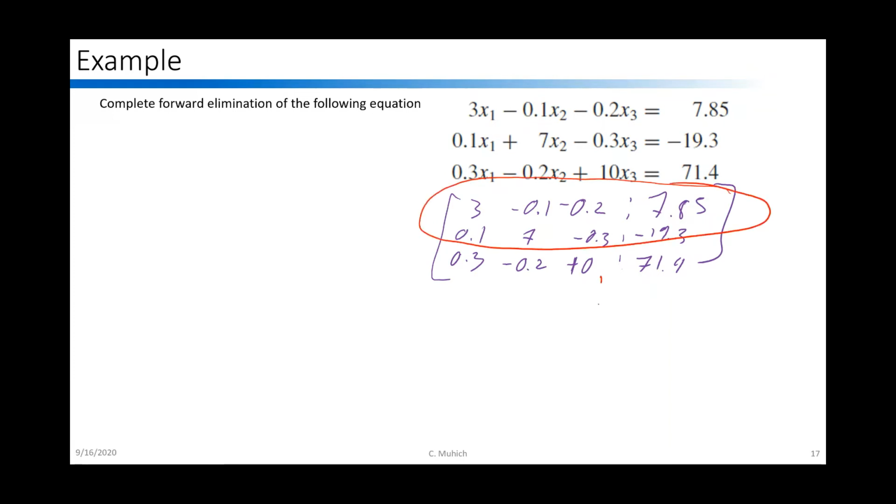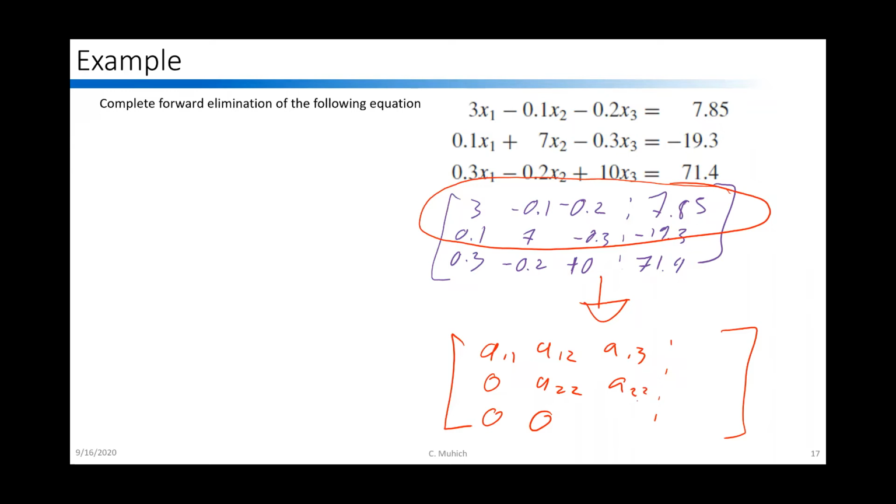Remember, I want to take this and make something that looks like this: 3, negative 0.1, and so on, which looks like A11, A12, A13, A22, A23, A33, B1, B2, B3. This is the form that we need to put it in.